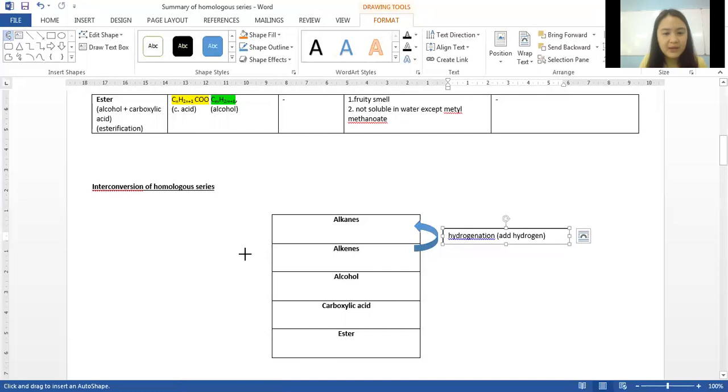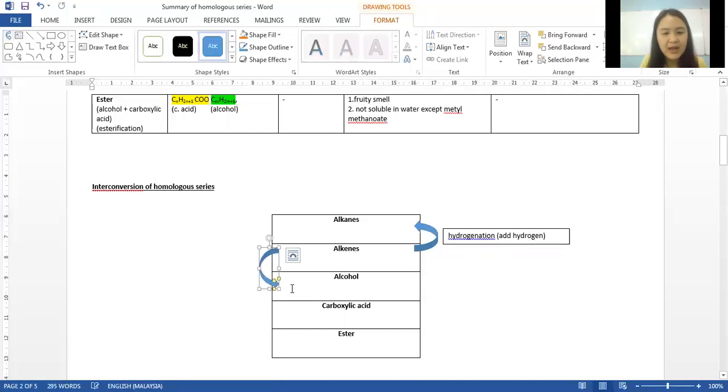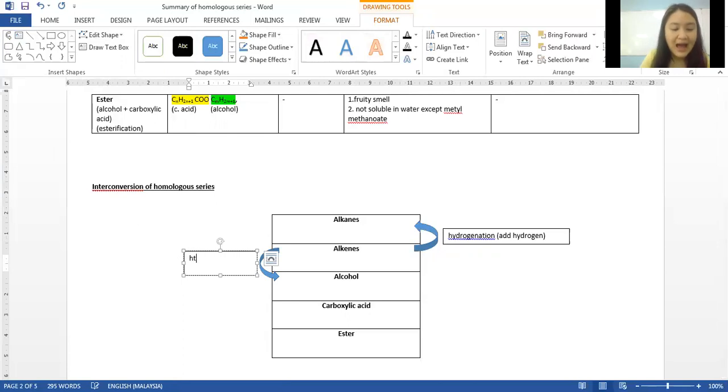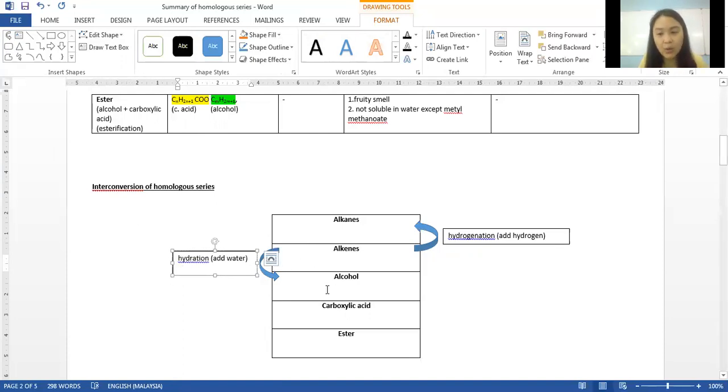Next, alkenes can also turn into alcohols, and the process involved is called hydration. Hydration means you add water. So when you add water to an alkene, you turn it into the alcohol group.